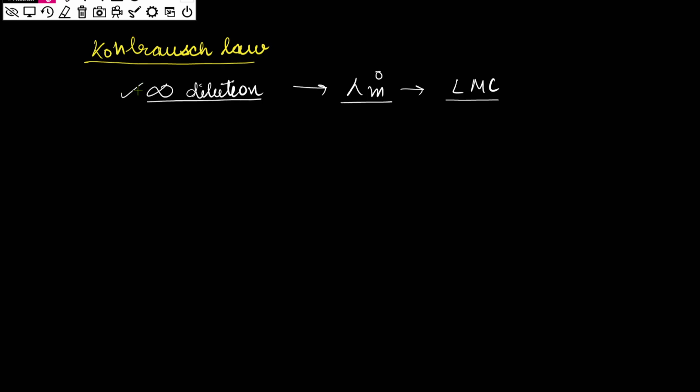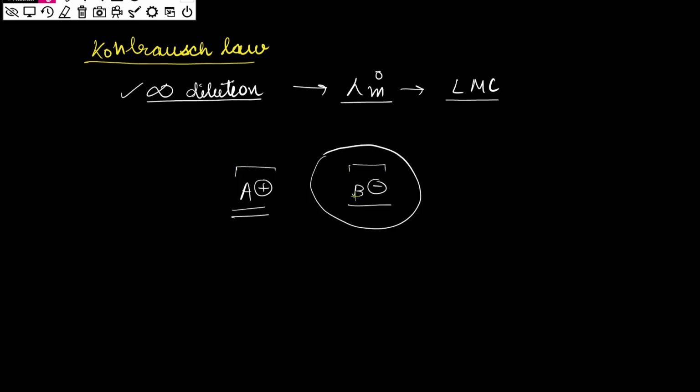When the dilution is infinite, all the ions inside the solution, whether cations or anions, will have enough space around them. And when there is enough empty space around them, they will not be influenced by any other ion. Suppose this B minus will not be influenced by A plus and this A plus will not be influenced by B minus, because there is now enough space around them, and it is all because of the infinite dilution.